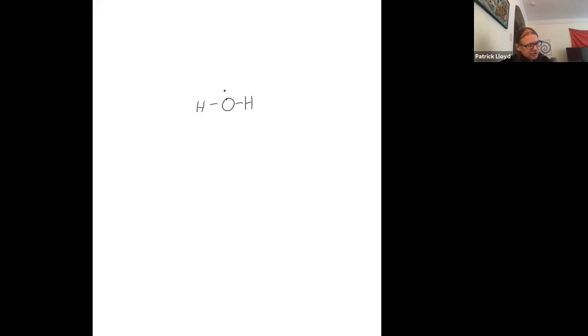So we're just considering the central atom. This is the central atom here. And we just count up. It has two lone pairs and 2 single bonds. Okay, so that's 4 electron groups.